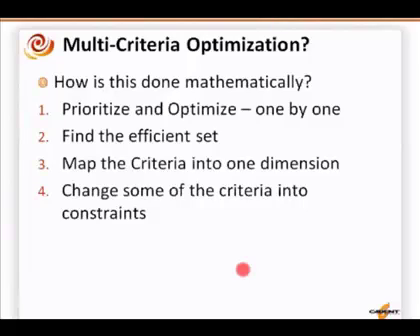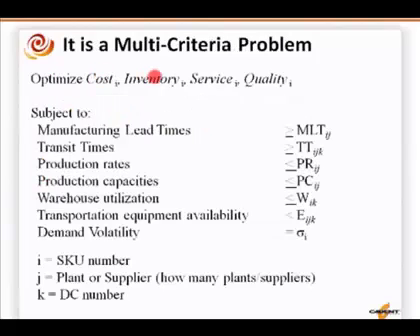How is this done mathematically? Well, if you had taken an operations research course somewhere way back in your history and remember anything about it, you probably didn't study multi-criteria optimization unless you took some advanced courses. But the way they do it is a couple ways. You can prioritize and optimize each of the objective functions, and the objective functions are the things at the top.